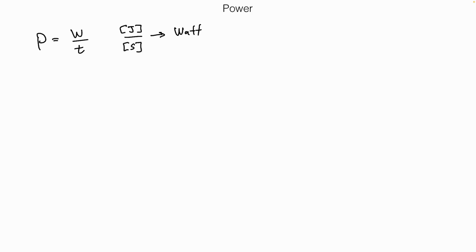Maybe more nowadays it would be the wattage that your phone charger delivers, right? Because if you have a 5-watt charger versus a 20-watt charger, which one's going to charge your phone faster? The 20 watts, right? Okay. But what's that trying to say? It's trying to say that 20 joules of electrical energy every second is being delivered to your phone.